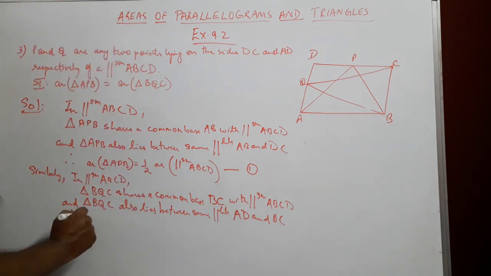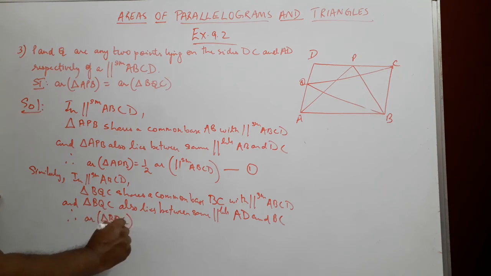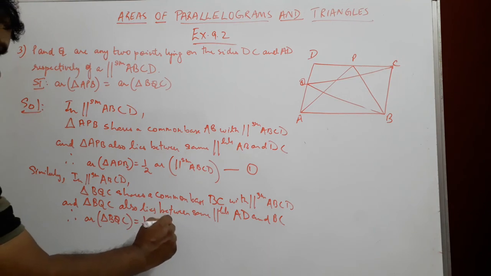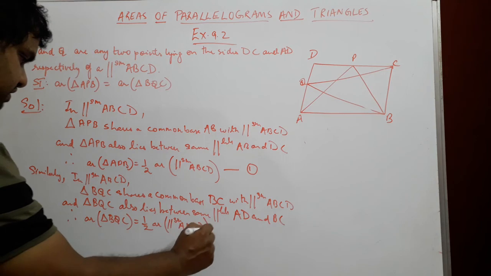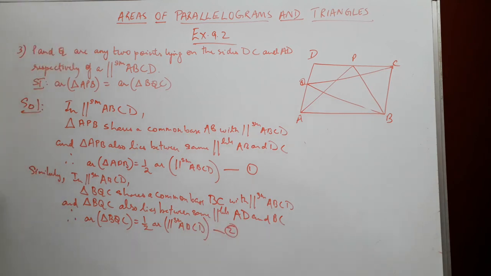Therefore, we can conclude area of triangle BQC is equal to half area of parallelogram ABCD, and we mark this as 2. Okay. So we have now established a relationship between the two triangles and the parallelogram. Now from 1 and 2 we can see that the two triangles should be equal to each other.